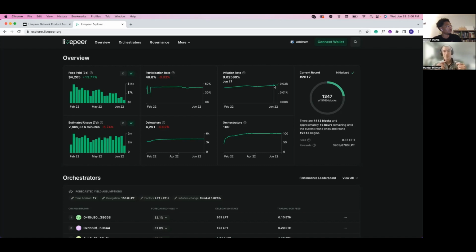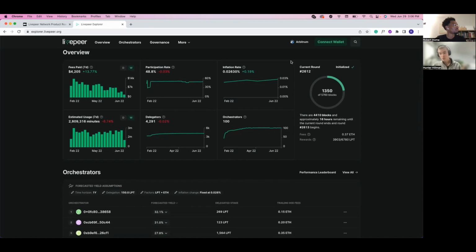For any round where the participation rate is below 50%, the inflation rate ticks up a little bit. And that's actually a protocol set parameter that's subject to the governance process. So while 50% is the threshold right now, that can certainly change with governance action in the future.